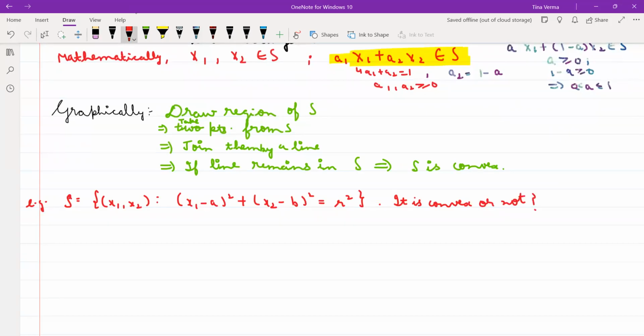You can clearly see x1 and x2 means you are on the R2 plane, x1 can be your x-axis and x2 your y-axis. What is this equation? This represents a circle, the circle whose center is (a, b).